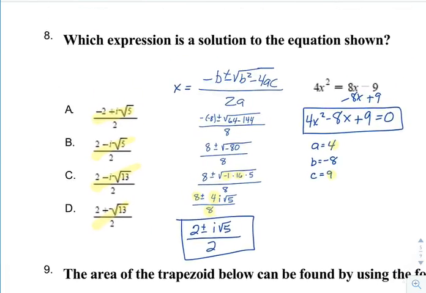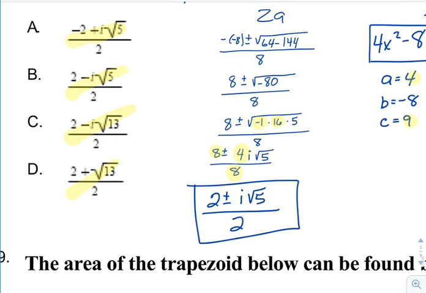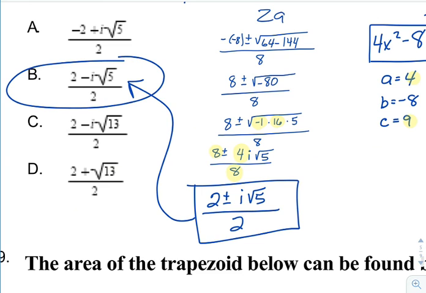So it's asking, which one of these is a solution to the equation shown? Well, it's 2 plus or minus i root 5 divided by 2. And this is the only one right here that has a root 5 to it. Because the 2 ends up being positive, because remember at the beginning we had that negative 8. Answer here is B.